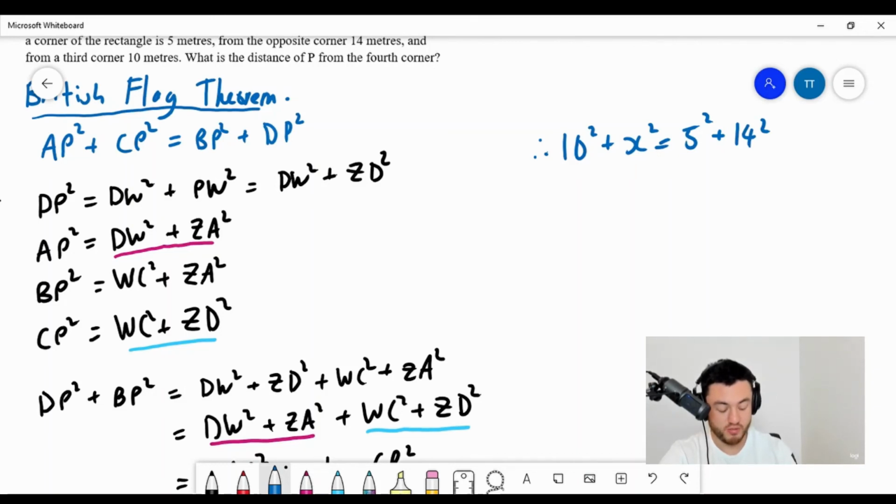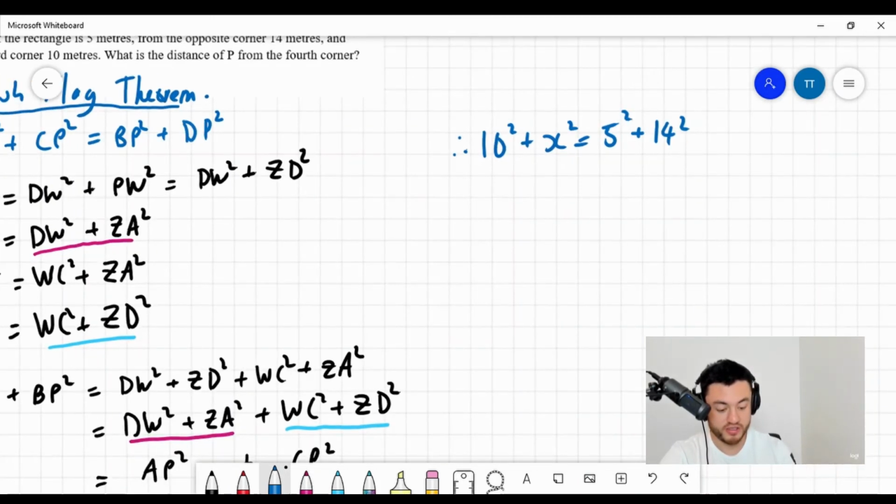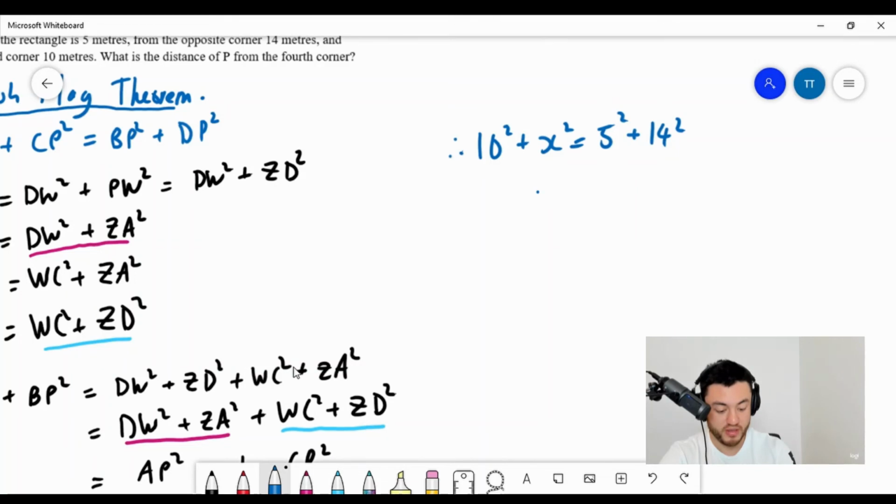Okay, so this is one equation with one unknown, so we can simply solve this by bringing the x by itself. So we're going to have 25 plus, bring the 100 over, and we're also going to have 14 squared take away 100.